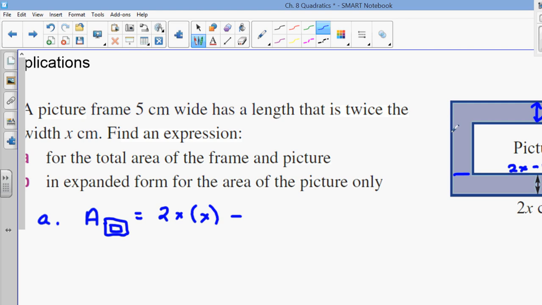So the picture would wind up being 2x minus 10 by x minus 10. So there's your frame. And then of just the picture, which is the inside, that would just be the 2x minus 10 by x minus 10.